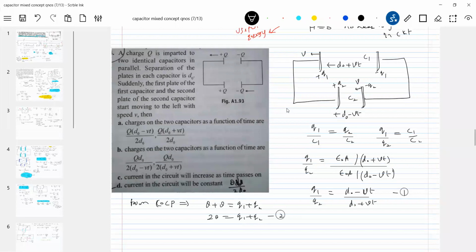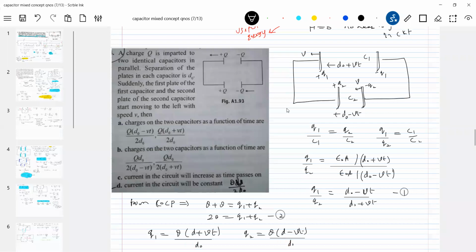So Q1 should be equal to Q into D plus Vt by D naught. Q2 equal to D minus Vt. The 2 will not be there in the denominator.